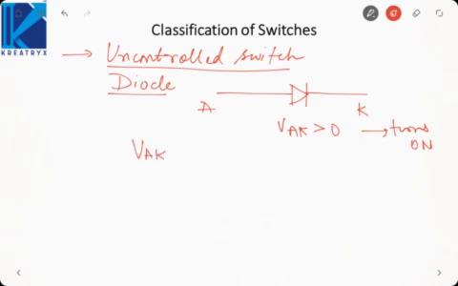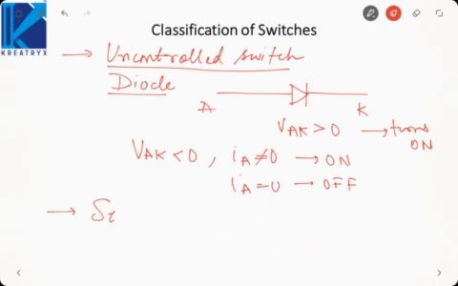Similarly, when VAK is less than 0 and IA is not equal to 0, the device is on, and if IA is equal to 0, the device is off. That is the characteristic of the diode, so it is a kind of uncontrolled switch. Wherever you do not have a third terminal to apply a control signal to turn the device on and off, it is called an uncontrolled switch.